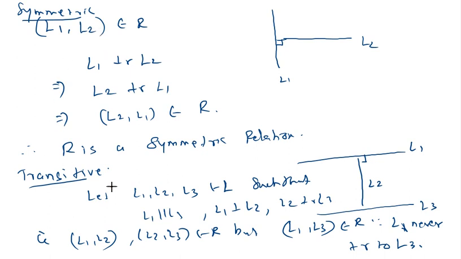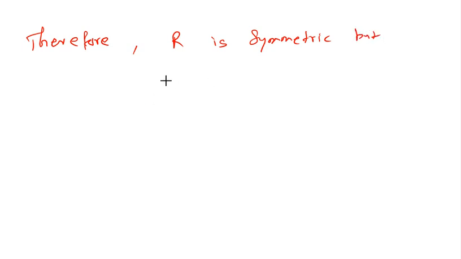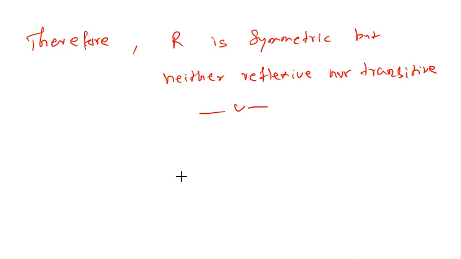So what is the conclusion? Therefore the given relation R is symmetric but neither reflexive nor transitive. Okay, so this is the conclusion.